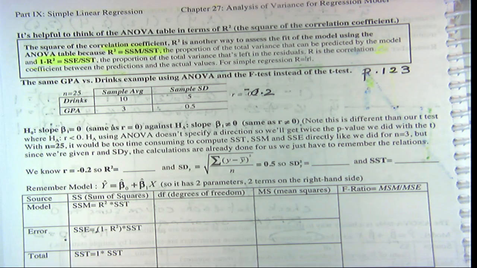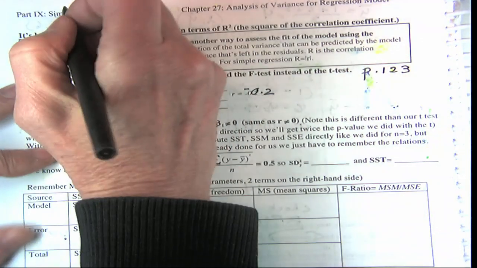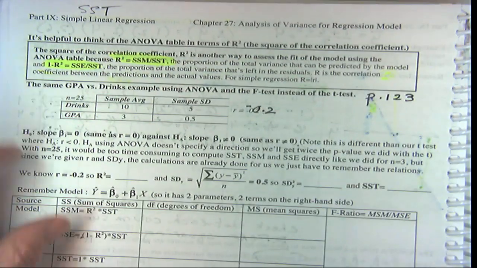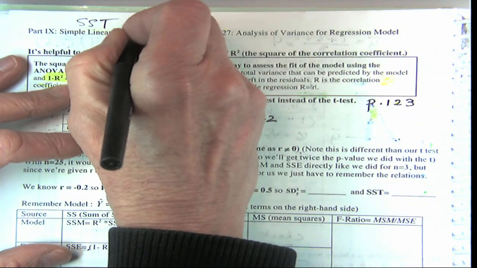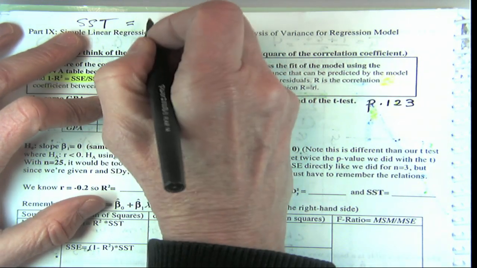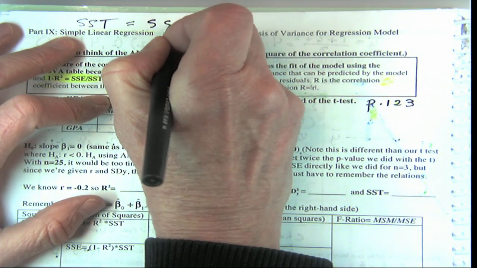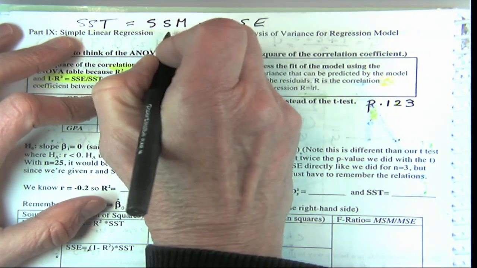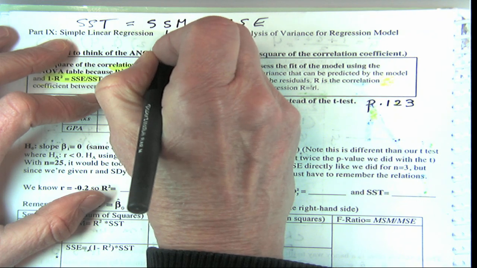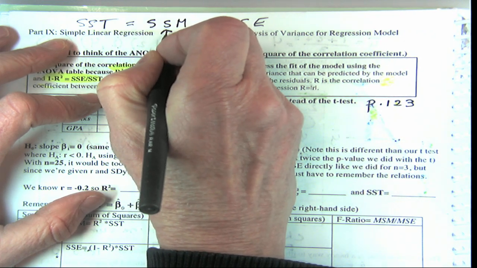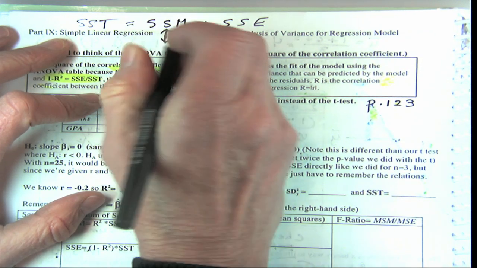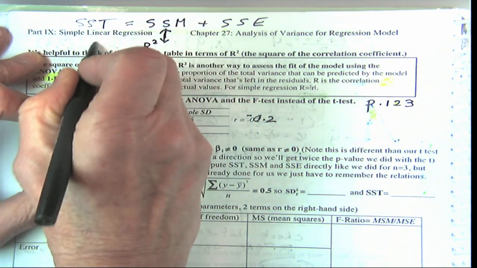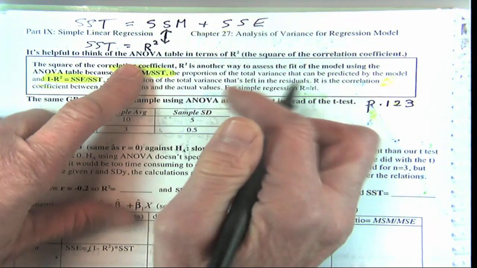All right, so what am I saying here? So what have we done? We said SST is equal to sum of squares model plus the sum of squares error. And all I'm saying is that this part right here is the same thing as what? You have the total variation, and you're breaking it into two parts.